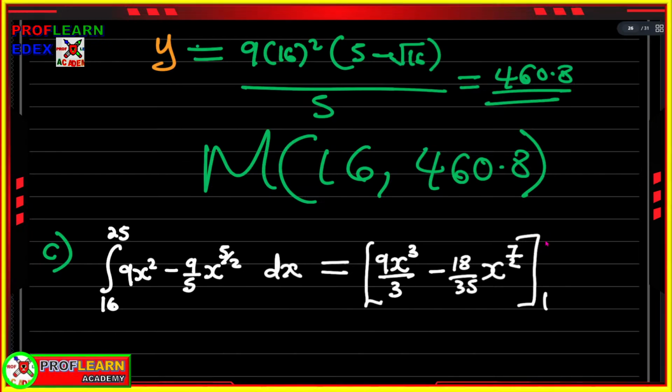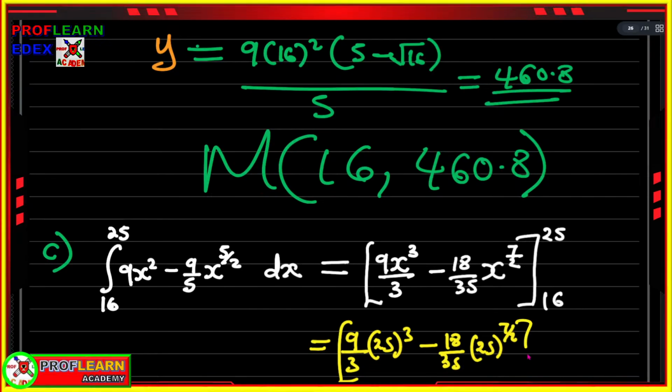So we shall have 16 here and we shall have 25 at that given point. So if we substitute so that we can get the area, we shall say 9 over 3 into 25 raised to power 3 minus 18 over 35 into 25 raised to power 7 over 2.